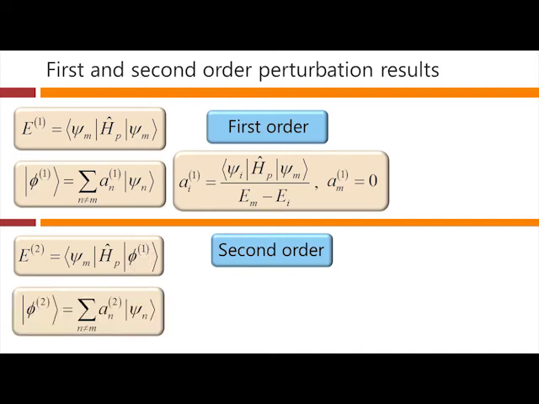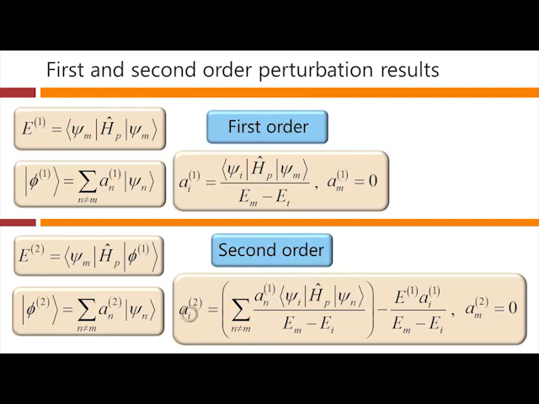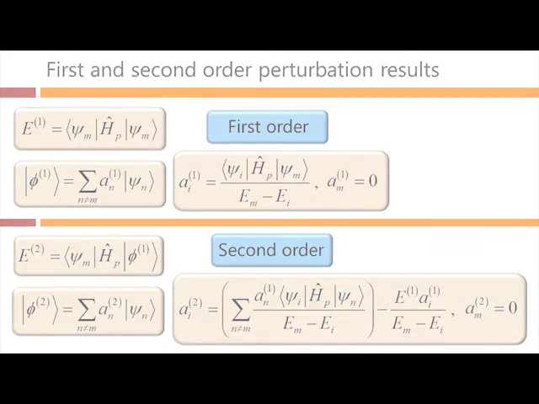And for the second order wave function correction, we have it, of course, as an expansion on our basis set here, where these coefficients are as follows, where again we've chosen am2 equal to 0. So these are the results of first and second order perturbation theory, and these are the only formulae you need in order to use it.